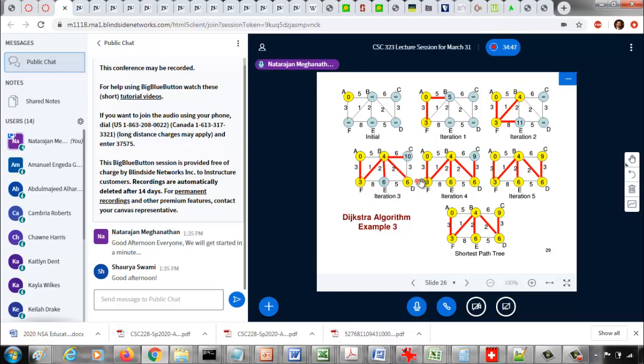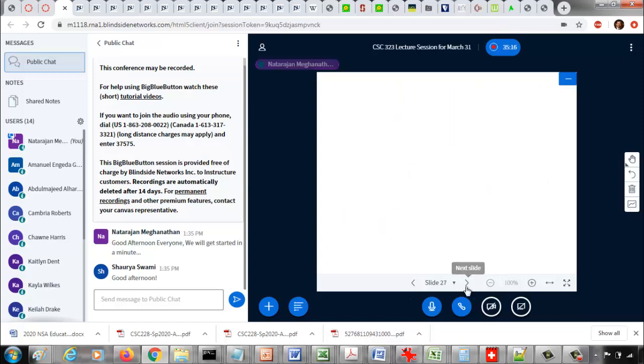Then in the next iteration we optimize D, whose shortest path weight is 6, greater than that of B or F. In a further iteration we optimize E, whose weight is 6, which is greater than or equal to that of D, and greater than that of B or F. Similarly, in the last iteration we optimize C, whose path weight is 9, greater than everything optimized earlier. So that's the theorem.